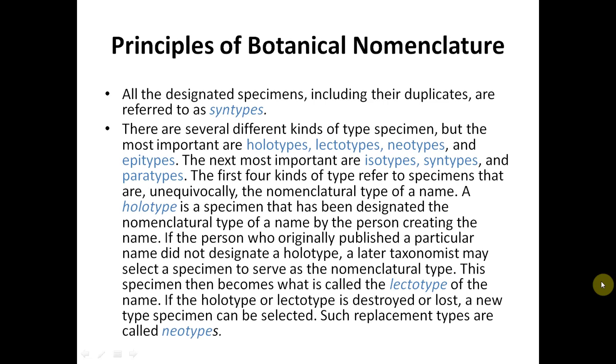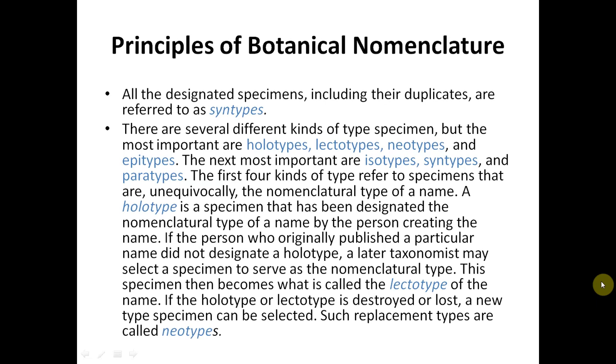With the holotype, if it is present, that is called the nomenclature type. If the holotype is absent, then what is the nomenclature type? Lectotype is the nomenclature type. And if the holotype or lectotype both are destroyed or lost, a new type specimen can be selected, that is called a neotype.